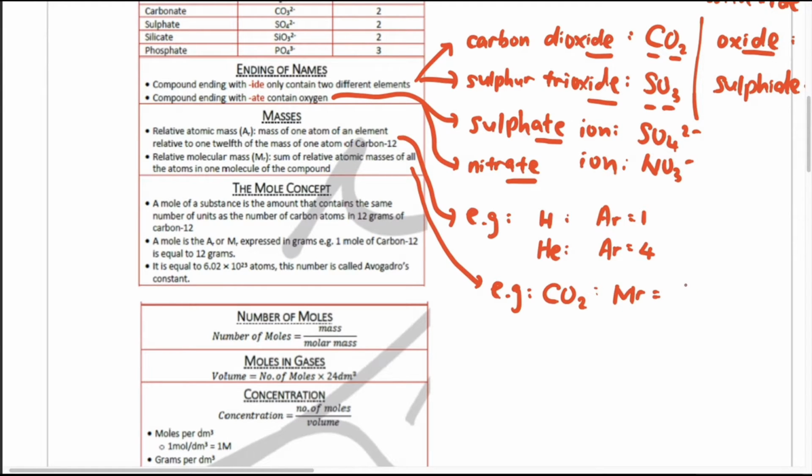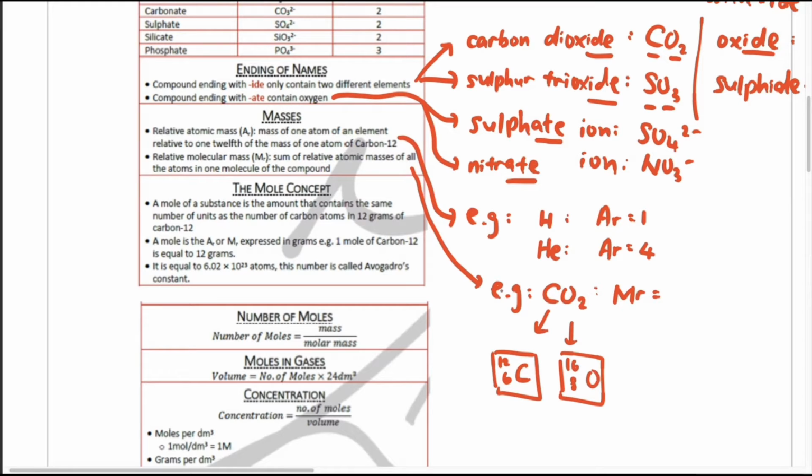So you look at the periodic table, and you will see something like this. It will show carbon as 12, 6, and then oxygen as 16, 8.